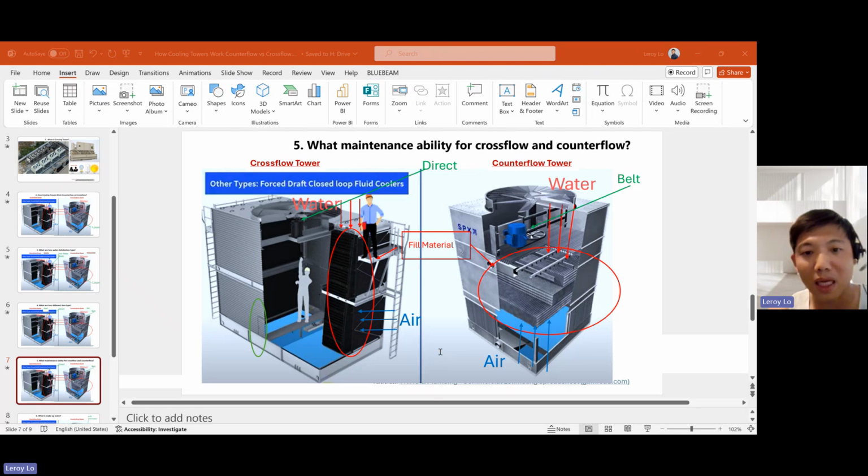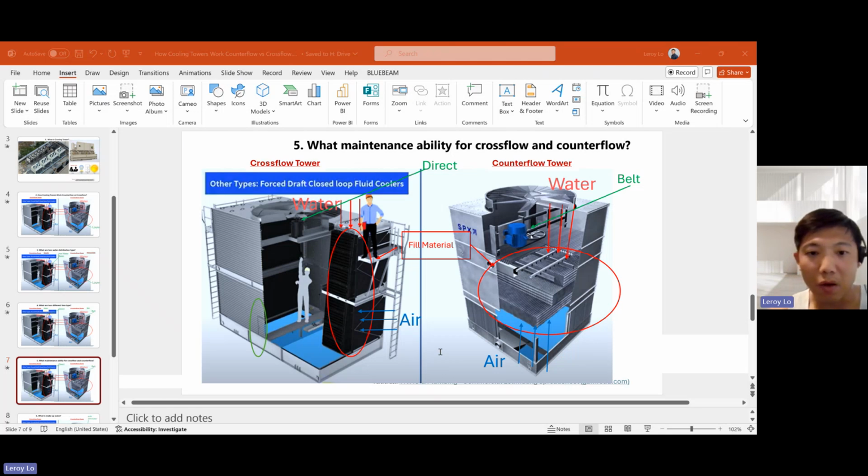So the maintenance guy can normally come through access. You can see the green colors on the right side of the photo. There's a walking platform above the cold water basin, so they don't get wet over there. And he can access the tower as it's running, and access those fans or those motors.